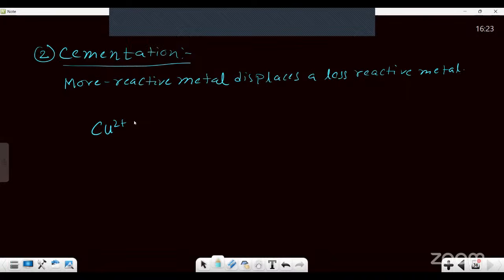Now if you add iron, your copper is going to get cemented. Copper is less reactive, so copper is going to be displaced from the solution.